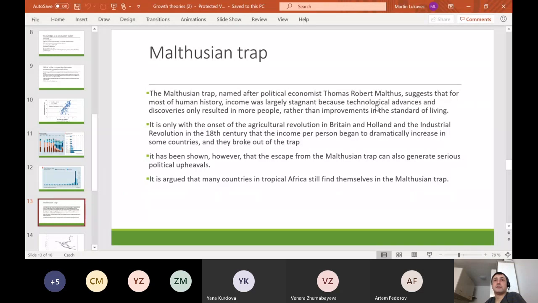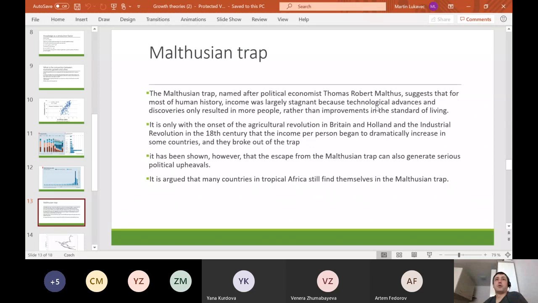So every time there was a major improvement in productivity and you produced more food, what happened was that the number of people increased, and per capita the productivity stayed the same or sometimes even got worse.